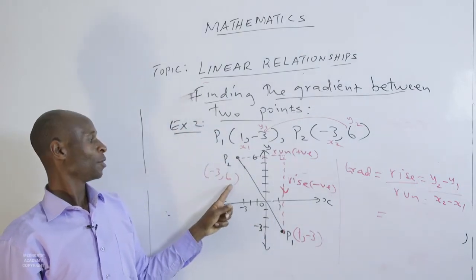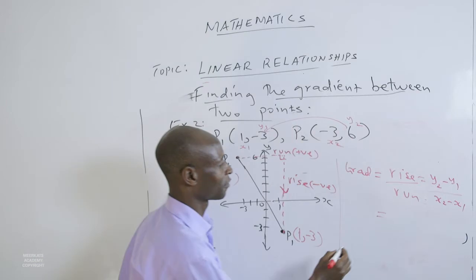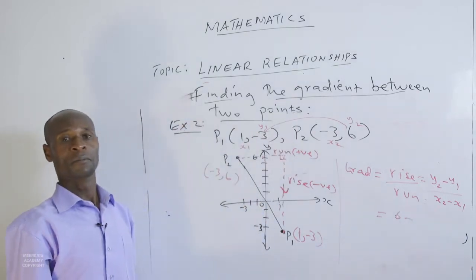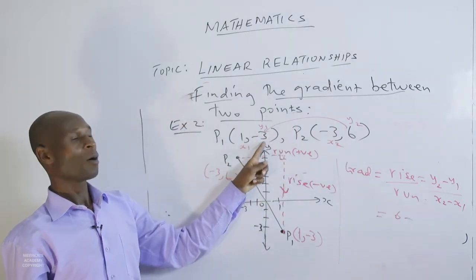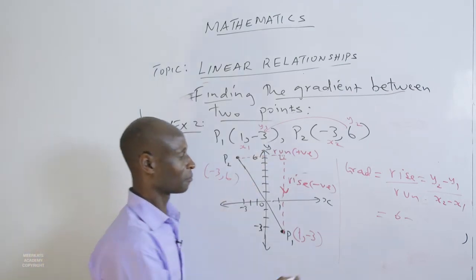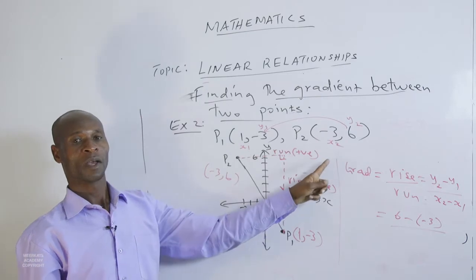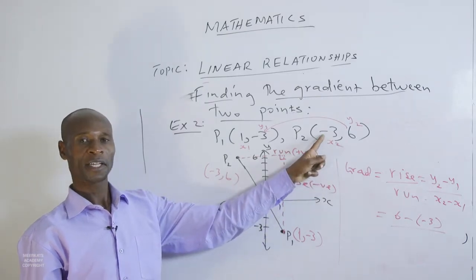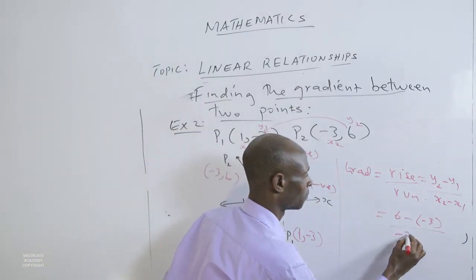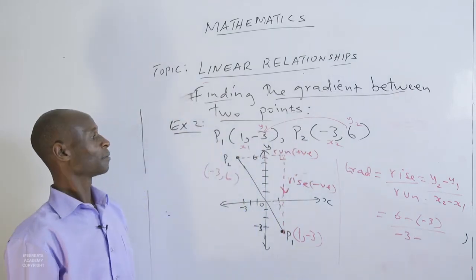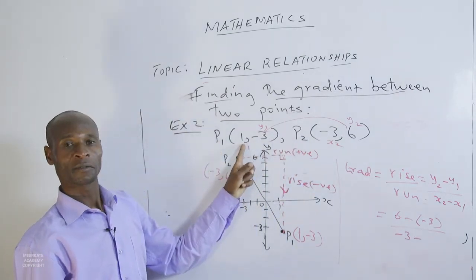Our y2 is 6, minus our y1 which is negative 3. Our x2 is negative 3, minus our x1 which is 1.